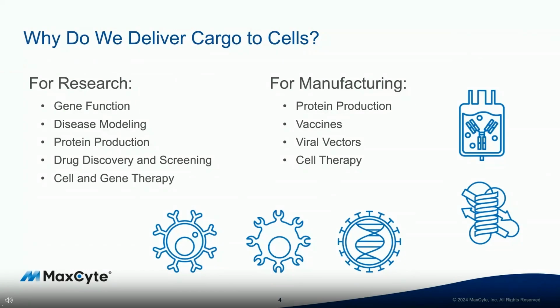There are cell and gene therapy applications such as immunotherapy. And on the manufacturing side, to produce proteins at large scale in either HEK cells or CHO cells, vaccines, to manufacture viral vectors, or again, like a cell therapy product, but at a larger scale.